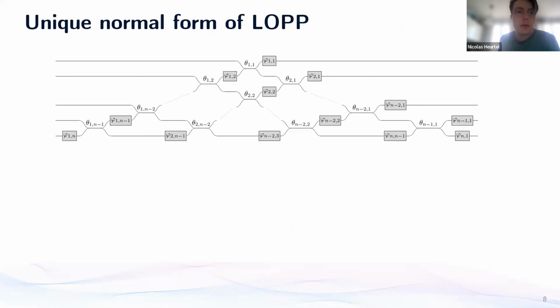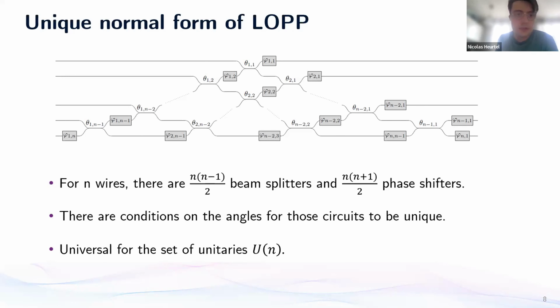One question that we can ask for such circuits is whether there is a unique circuit representing a given unitary. The answer is yes, and it looks like this. It's a triangle. Just to specify some things to know: it's always shaped like a triangle, and it is universal for all unitaries.